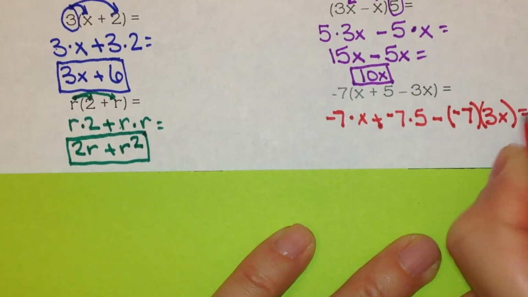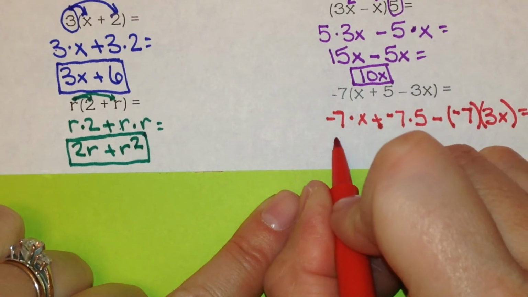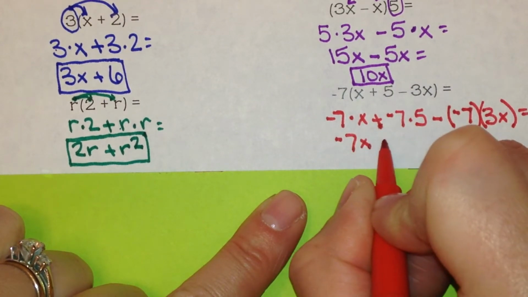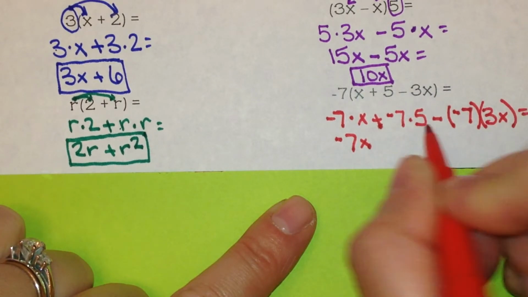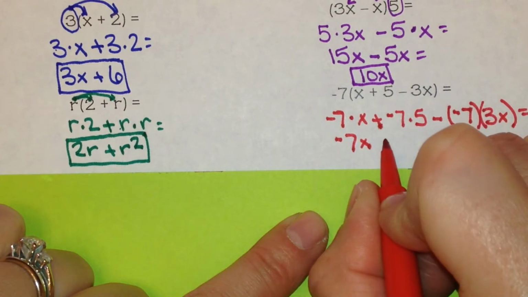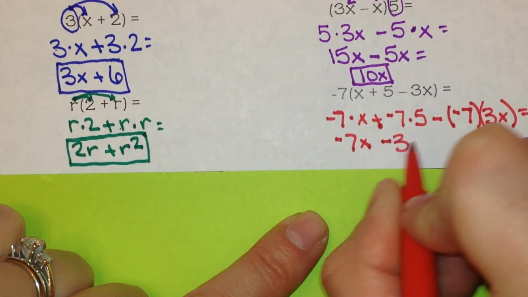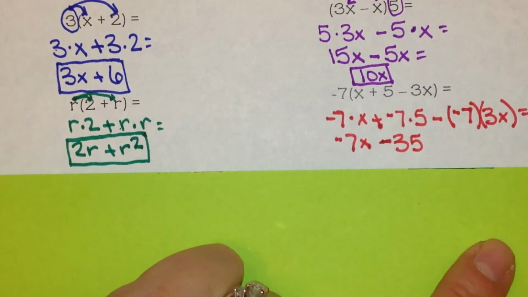I like to put that in parentheses too when they're right next to each other like that. All right, negative 7 times x, negative 7x. All right, so we have negative 7 times 5, which is going to be negative 35. I can put plus negative 35, or I can just put minus 35, which is a little more reduced.